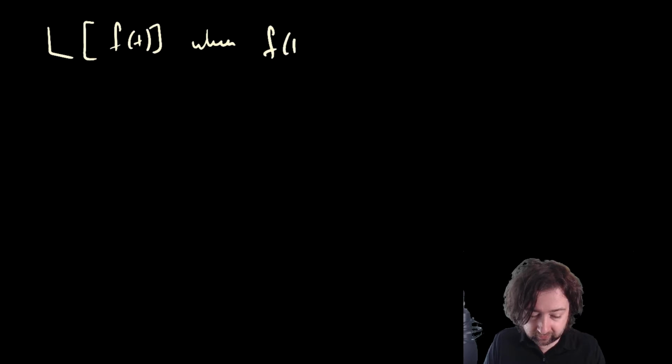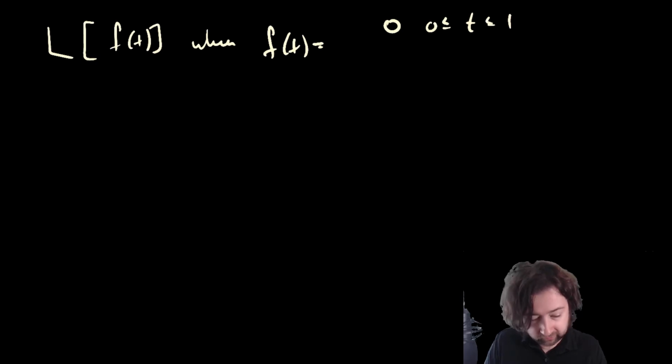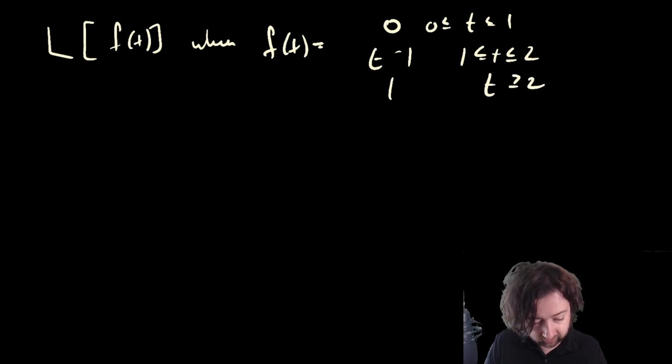Let's find the Laplace transform of some piecewise functions. So let's find the Laplace transform of f of t, where f of t is equal to 0 between t equals 0 and t equals 1, t minus 1 when t is between 1 and 2, and 1 when t is bigger than or equal to 2.